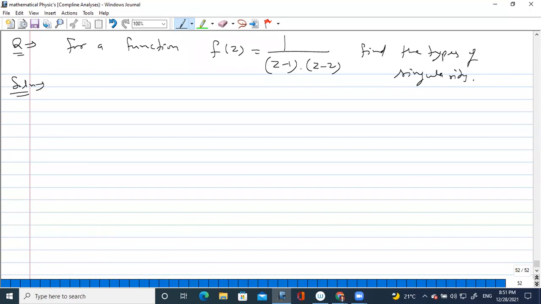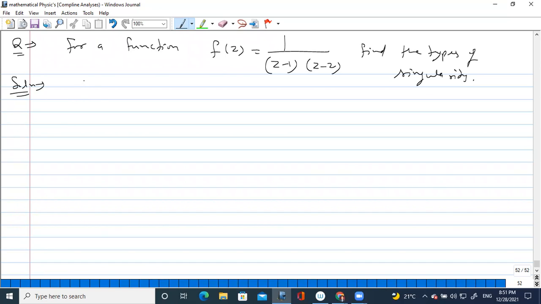Understood? So these are two singularities, or two poles. And what is the power? Because z minus 1 to the power 1, that is a simple pole. z minus 2 to the power 1 is also a simple pole.